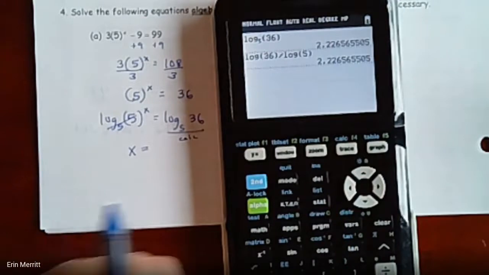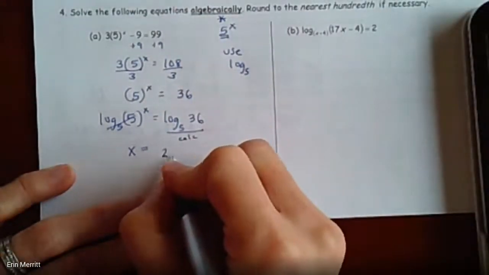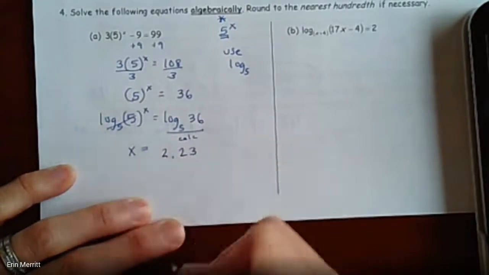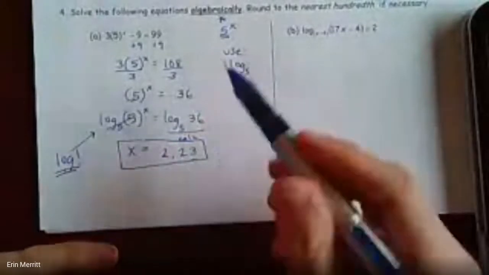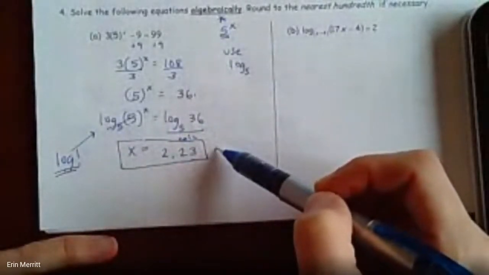So 2.226, so to the nearest hundredth, we would have 2.23. There's your first one. Notice how the word log shows up in the solution. You can't go from here to this answer and say that you did it algebraically if I don't see the log showing up in there.